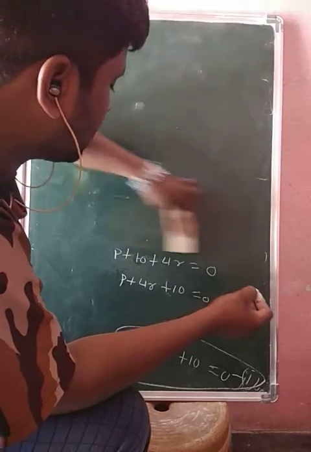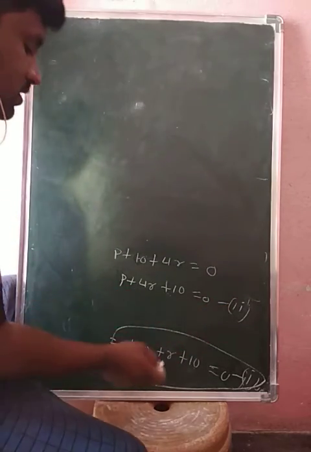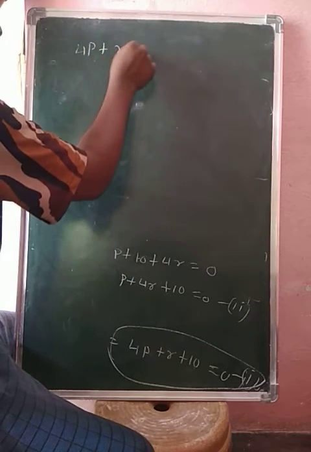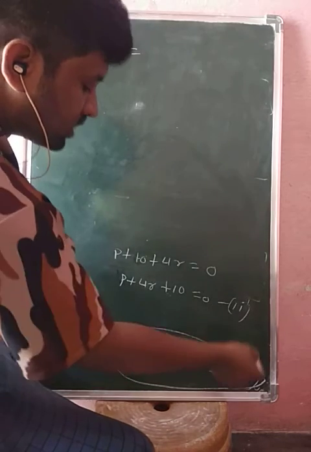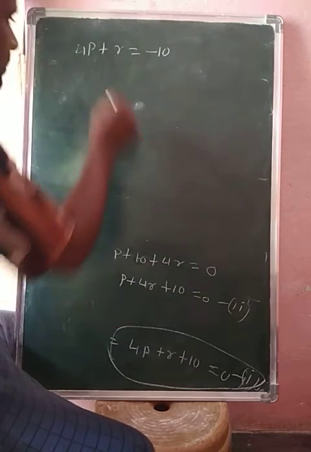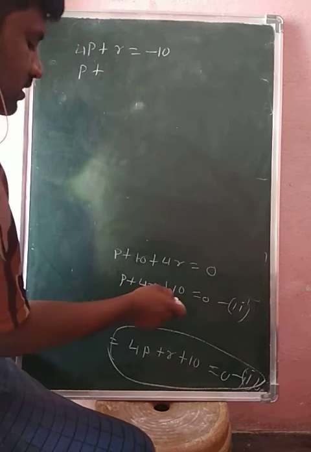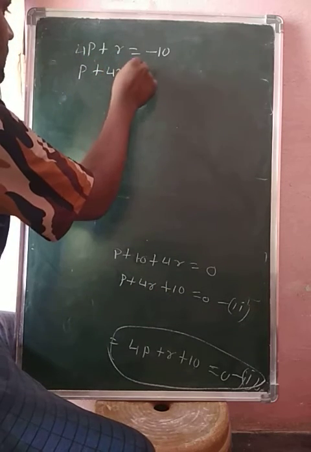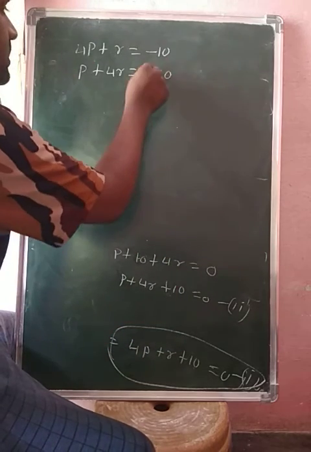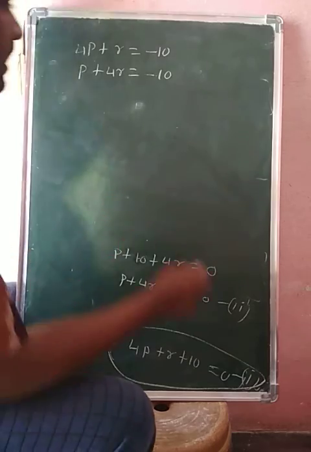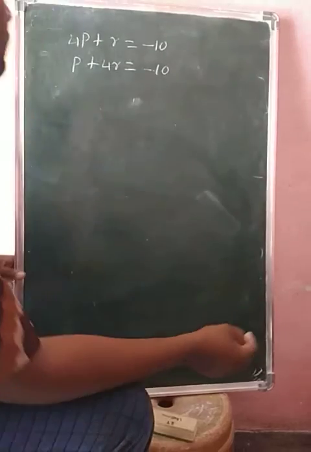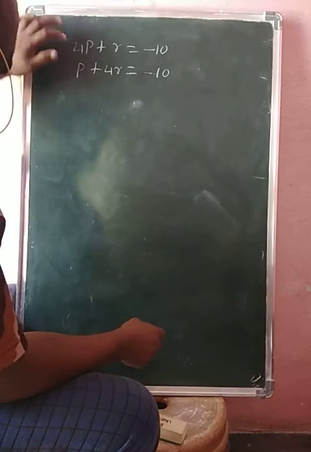So the first equation is 4p plus r plus 10 is equal to 0, transferring the 10 to the RHS it becomes minus 10. And the second equation is p plus 4r plus 10 is equal to 0, transferring the 10 it becomes minus 10. I just want to cancel these two, but the coefficients are not the same.